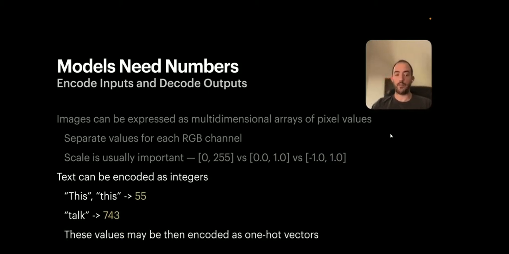So you might have the value for "this" or "This", it doesn't matter if it's capitalized or lowercase, might be 55, and "talk" might be 743 as an example. So with that in mind, our models are still functions, and they can now handle images as inputs and outputs, and text as inputs and outputs.